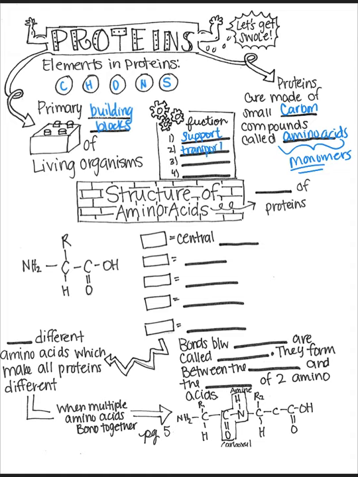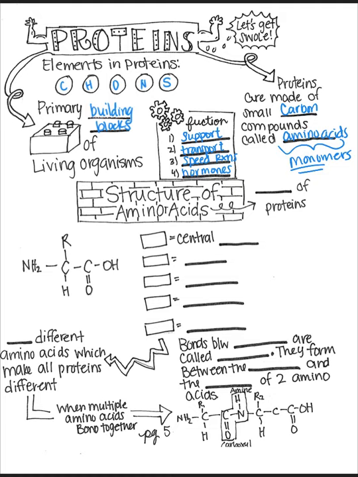We talked a little bit about hemoglobin, how hemoglobin is the protein in our red blood cells that helps transport oxygen through the body. It can help speed up reactions, which is going to be our next topic of discussion after macromolecules: enzymes. And then it's the basis of our hormones in our bodies.